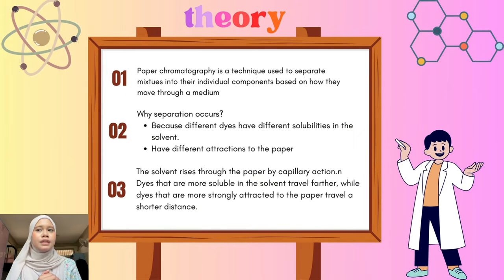Because each dye has different solubility and attraction, they move at different rates, causing the original mixture to separate into distinct color spots. This separation allows us to identify the different components present in the mixture. Therefore, paper chromatography works based on the difference in solubility and attraction between the components, which cause them to travel different distances and separate from one another.